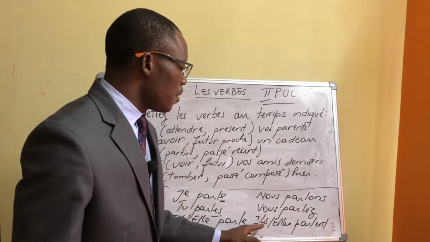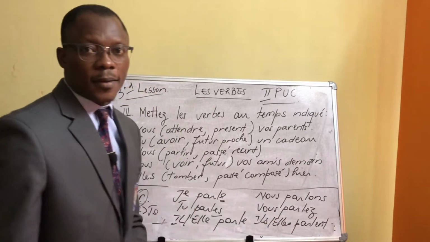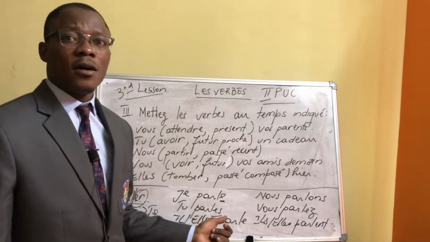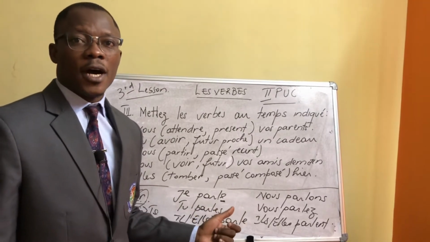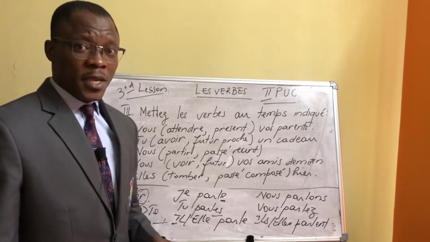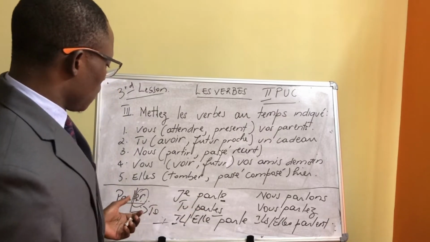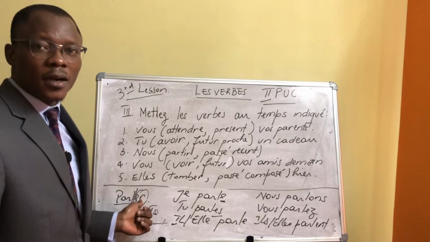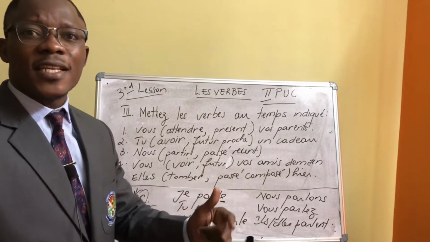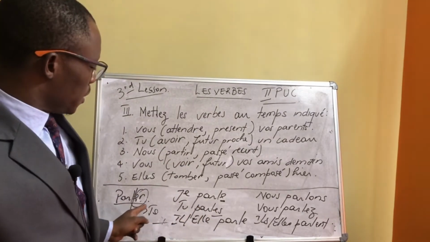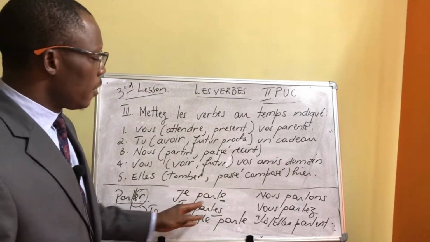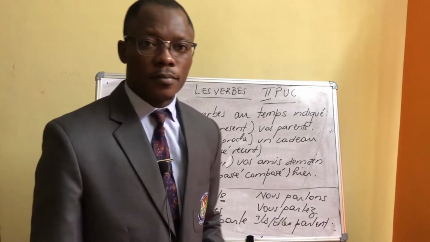Now, this is the present tense of all ER verbs. That means if you see any verb ending with ER and they ask you to get the present tense, just take that ending part out and add all these endings.